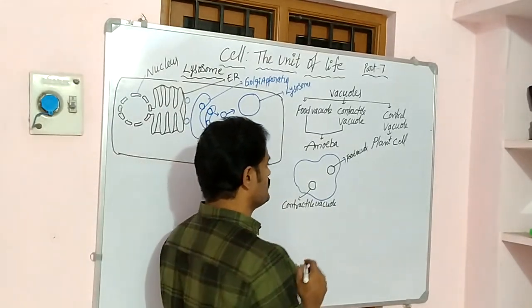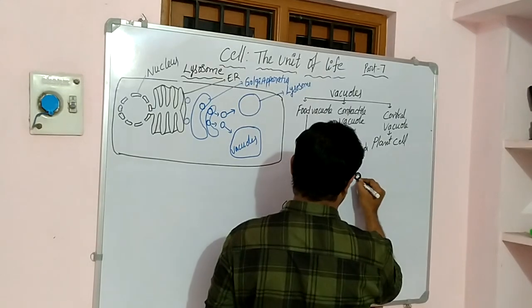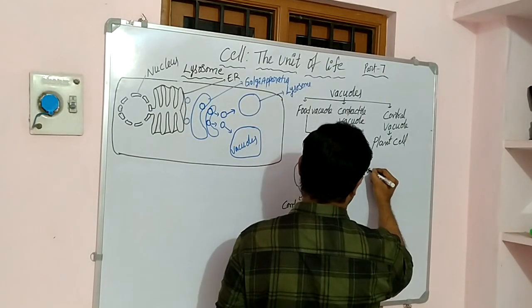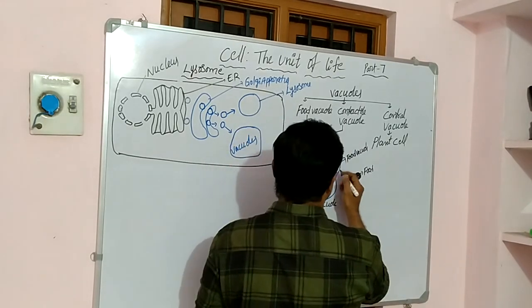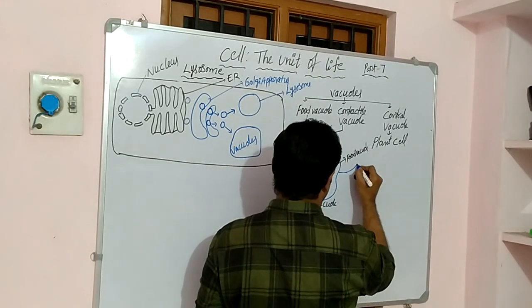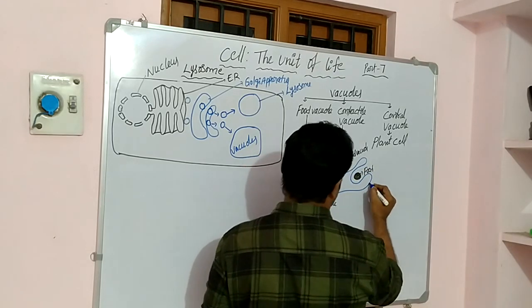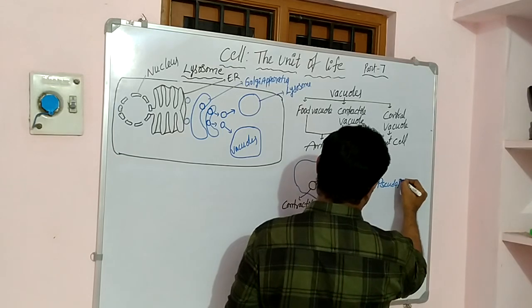See, you know very well, suppose some food substance is present near the amoeba. What will happen here? Immediately the amoeba forms pseudopodia around the food like this. This is called pseudopodia.